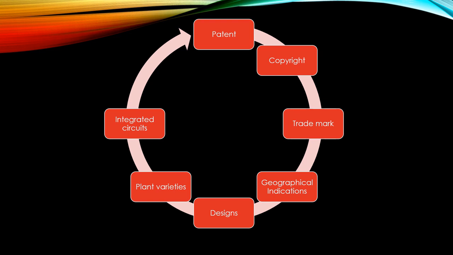This talks about layout design of integrated circuits. Then the last one, though we cannot say it is an exclusive intellectual property right, even trade secrets are also considered to be a part of intellectual property right. So what are they? Patents, copyrights, trademarks, geographical indications, designs, plant varieties, layout designs of integrated circuits, and trade secrets.